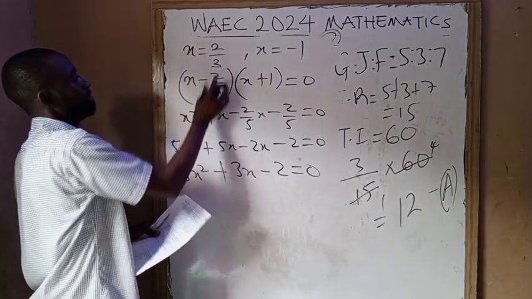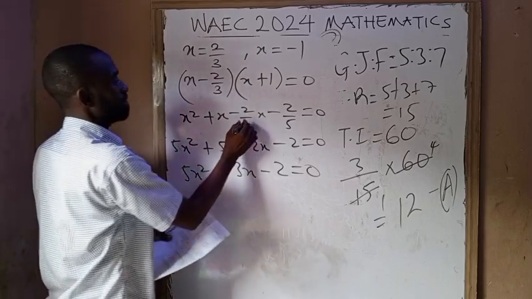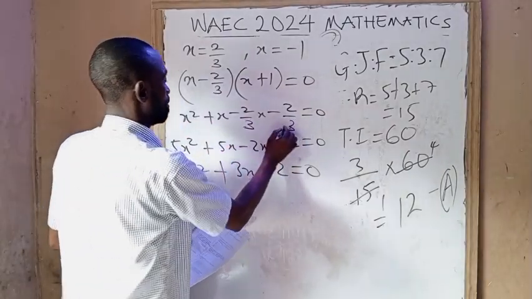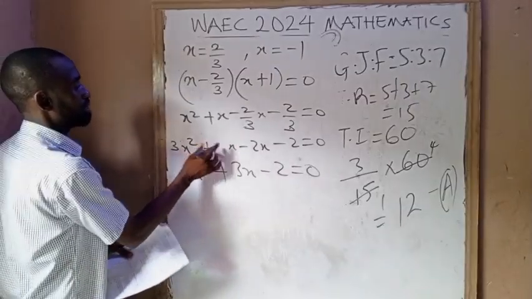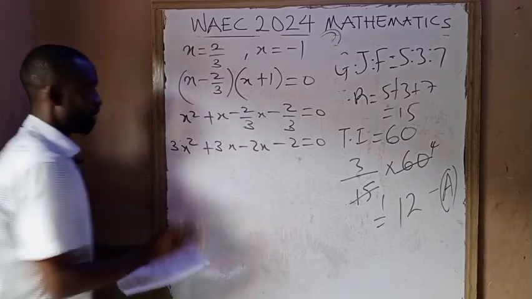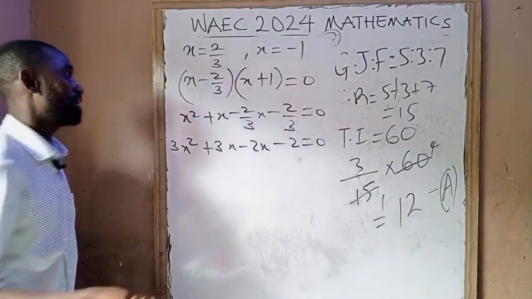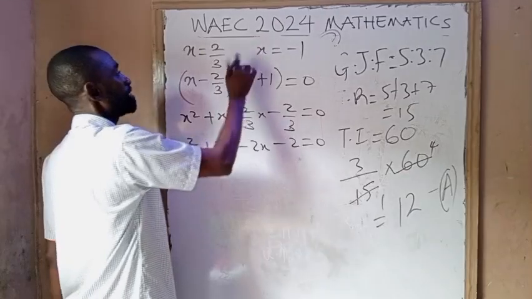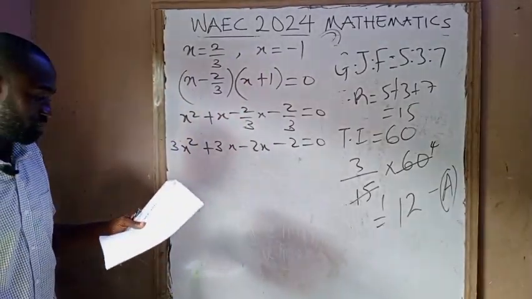Sorry, this is 2 over 3. So we're multiplying through by 3, not 5. Sorry, I thought I saw 2 over 5. When you use too much of something and you sow the wrong thing, that is the effect. I'm very sorry for that. So it is 3, not 5.